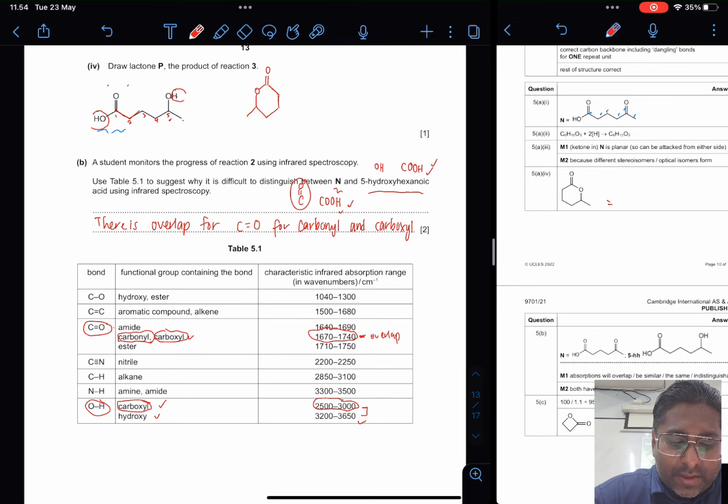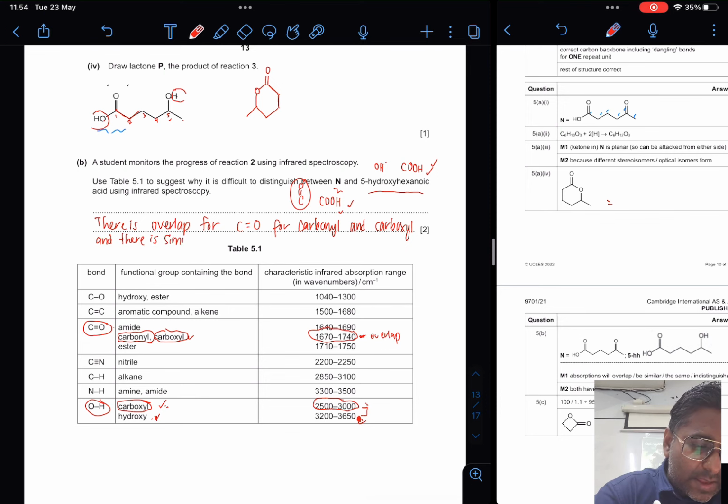And even though one of them has OH, because there is carboxylic acid over there, it's going to be difficult to just find there is going to be hydroxy. There is also overlap for that. And there is a similar environment for OH and carboxyl group.